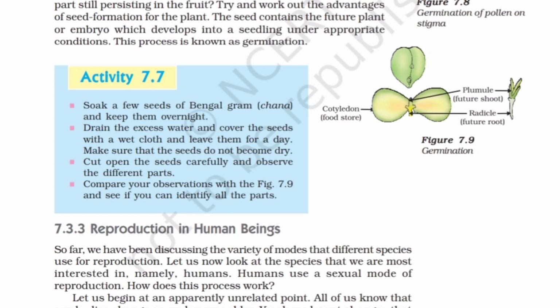On the other hand, if the pollen is transferred from one flower to another, it is known as cross-pollination. This transfer of pollen from one flower to another is achieved by agents like wind, water, or animals. After the pollen lands on a suitable stigma, it has to reach the female germ cells which are in the ovary.